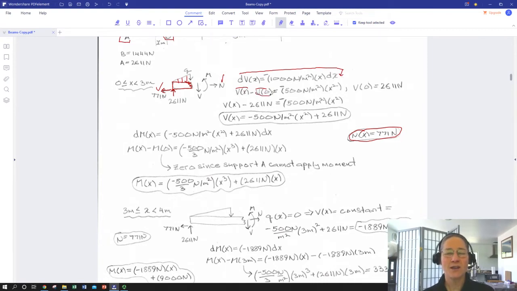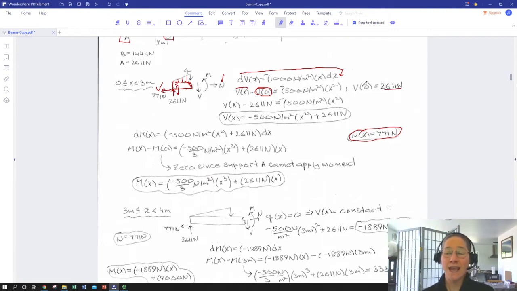We can evaluate the shear force that the left-hand side of that beam would have to give if x were all the way over at 0 at the support A. So imagine this section being shrunk down to where it was just here, and then V would have to be equal to the vertical support force given by point A, which is 2,611 newtons.